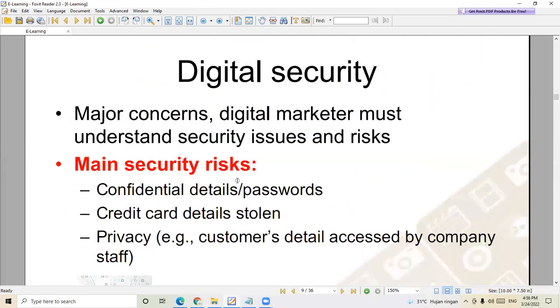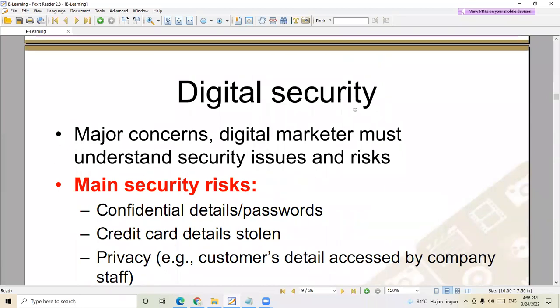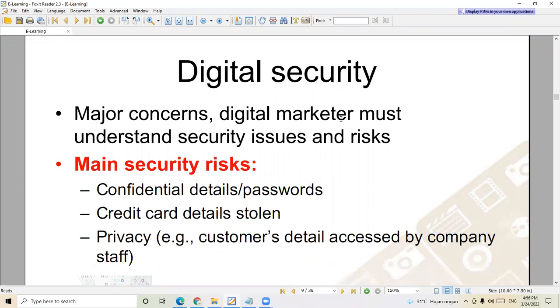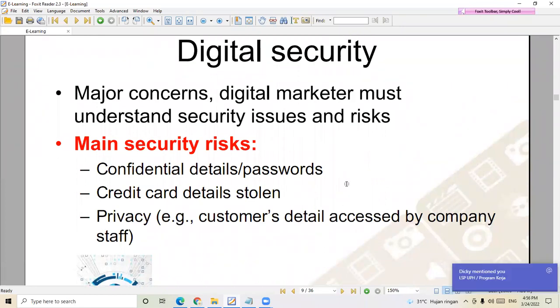That's the thing that we have to really be concerned about as digital marketers. Yeah, the point is the security. The security is always there. We have to deal with the security issues when we are trying to promote.